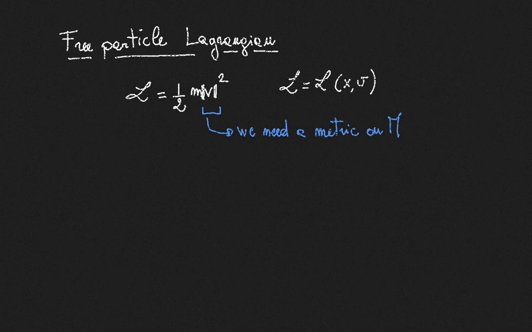So on a Riemannian manifold (M, g), we can consider the Lagrangian of X, V given by 1/2.